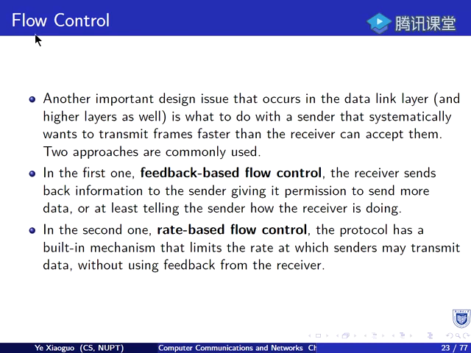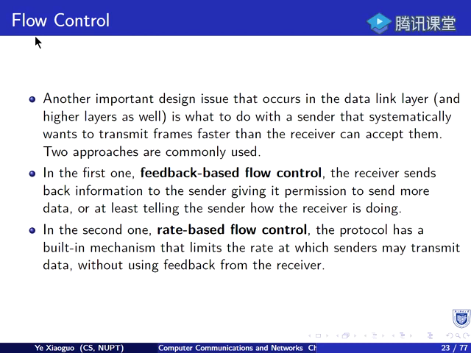So we need flow control to deal with this problem. The first one, feedback flow control. The receiver sends back information to the sender, giving it permission to send more data, or at least telling the sender how the receiver is doing.